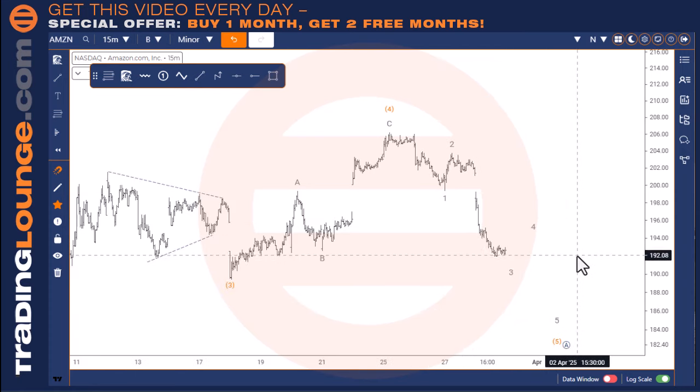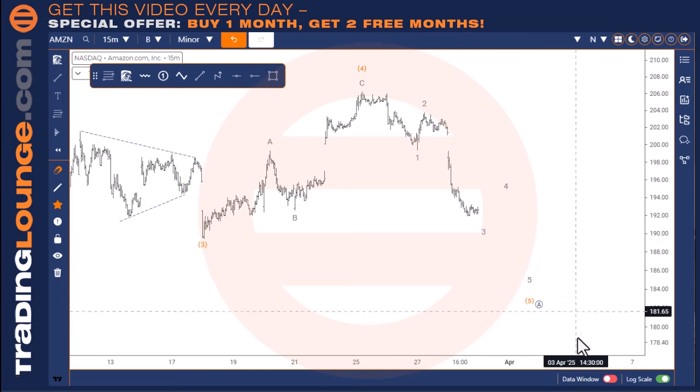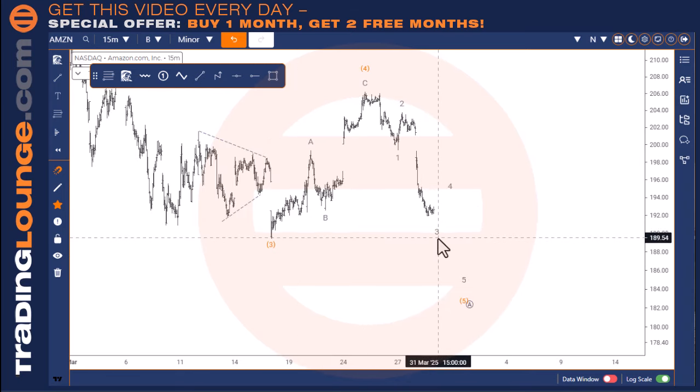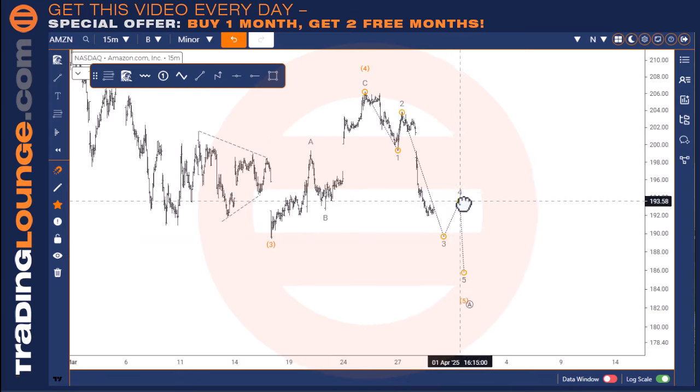So we should be seeing some support. It may even come down deeper here. It'll depend on the sentiment as well, but obviously this previous low here is normally where you see wave 3, and then wave 4 will have some sort of bounce. It will get a bit messy there.